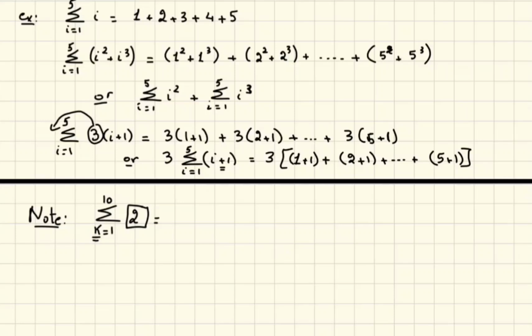From 1 to 10 it means 10 times. So it's like 2 plus 2 plus 2, ten times. But instead of doing this, simply we can multiply 2 by 10 and get 20.